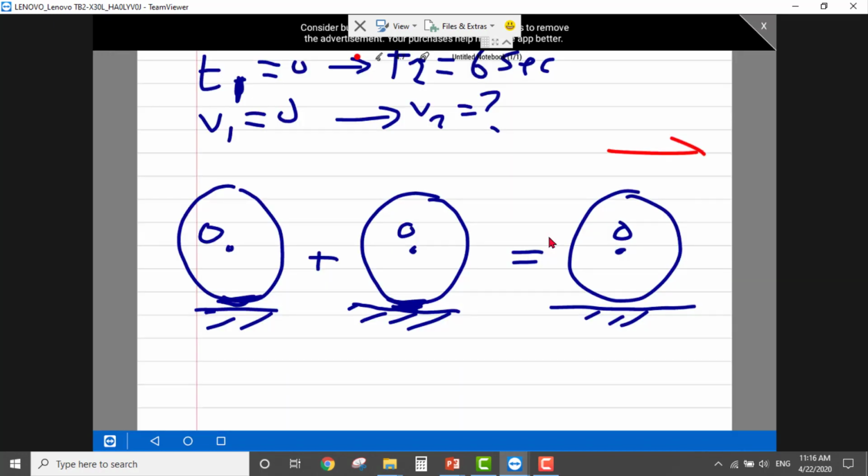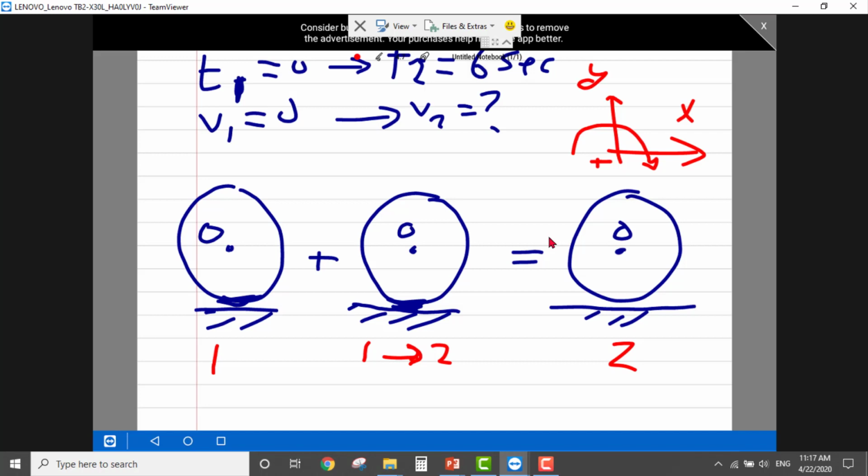So here is x, this is y, and I'll assume that this is the positive direction. Okay. Now, this is state 1. This is a process from 1 to 2. Okay, and here we have state 2. In state 1, it was at rest, no motion at all.